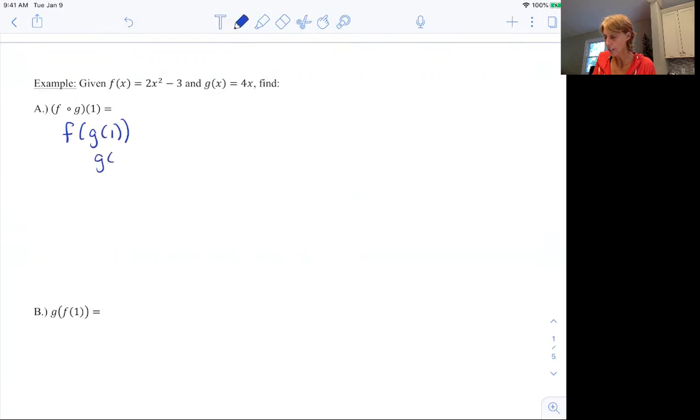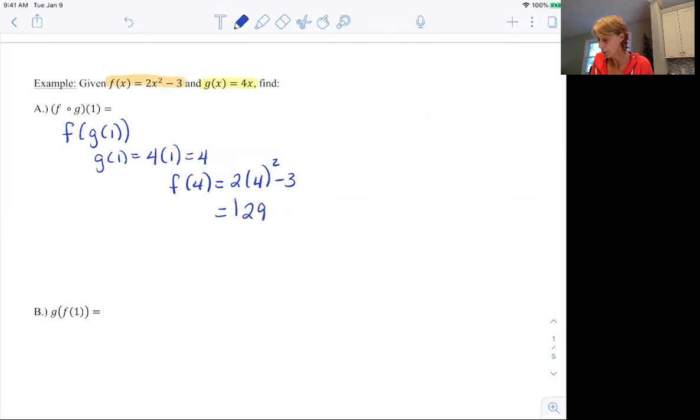I'm going to plug 1 into g, and g of x is 4x. 4 times 1 is 4. And now I'm going to plug 4 into f, which is 2x squared minus 3. You could do a little math there, and you're going to get 32 minus 3. Our answer would be 29.